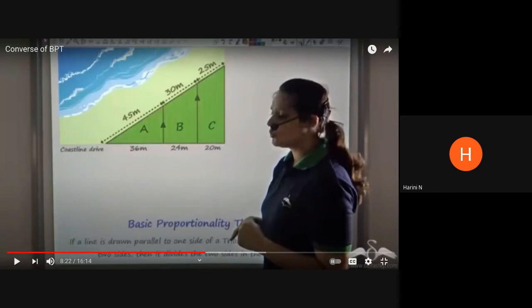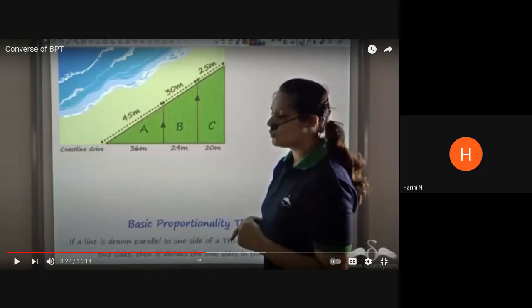To find which has the lengthier coastline, we used the basic proportionality theorem. If you know a line in a given triangle is parallel to one side, then the other two sides are divided in the same ratio. This was the basic idea we used to solve our given situation.